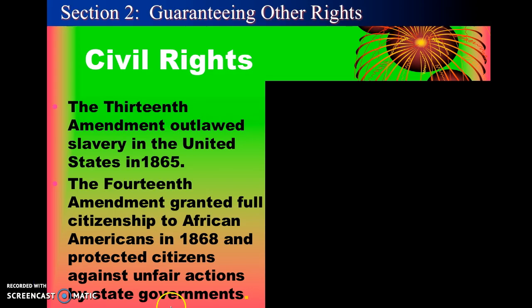So you can see then that in 1868, the 14th Amendment granted full citizenship to African Americans. So now all of these individuals, African Americans, especially those that were once slaves, are now citizens of this country.